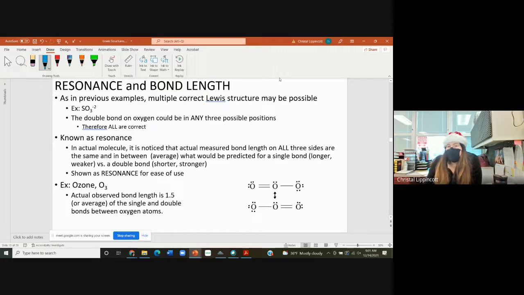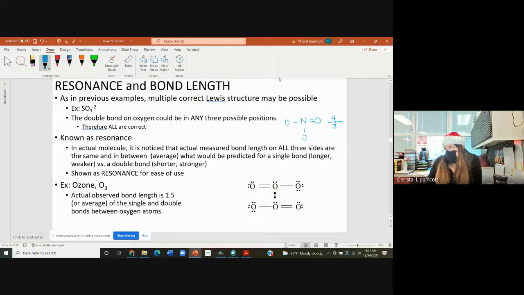If you're looking at the nitrate again, if we wanted to draw that back up here, its number of bonds is how many? 4. How many bond sites? 3. So 4 divided by 3 is what?